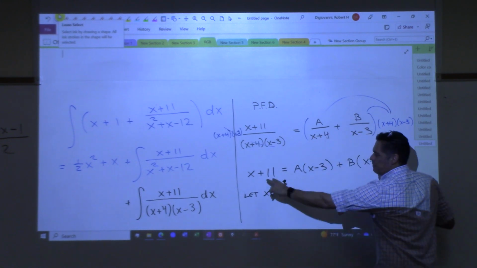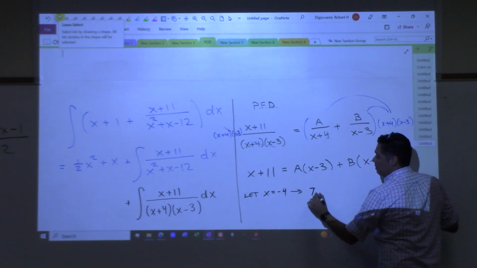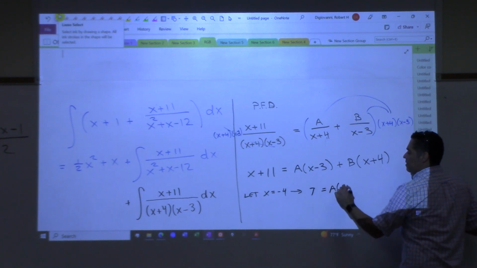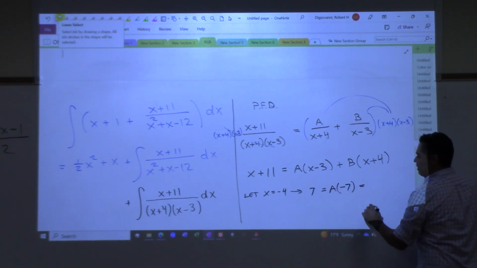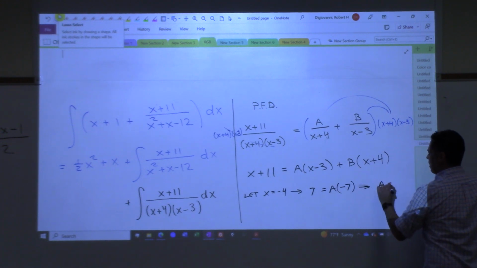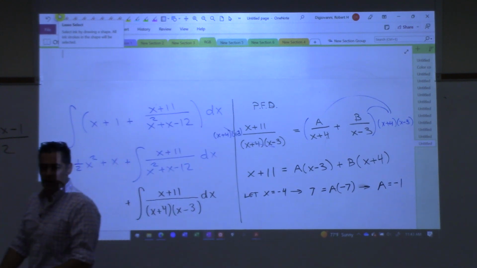If I do that, the left side becomes 7 equals a times -4 minus 3, which is -7. Oh, hey, look. A is -1. This was a test problem, okay? So I made that number nice, right? There weren't any fractions there.